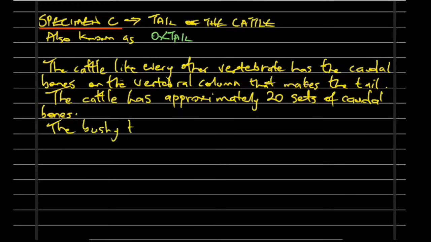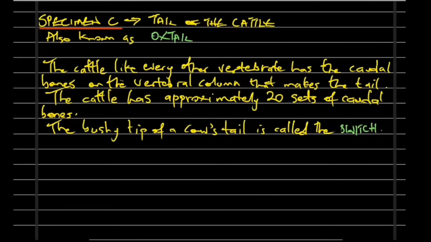The bushy tip of a cow's tail is called the switch. That is basically what you call that particular part, the hairy, bushy part of the tail end.